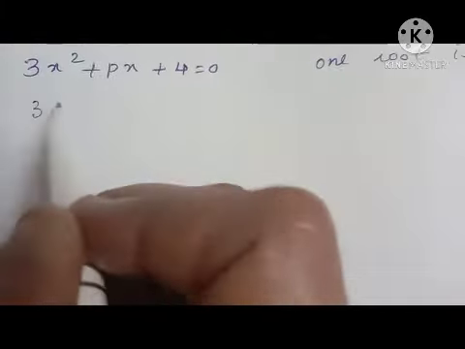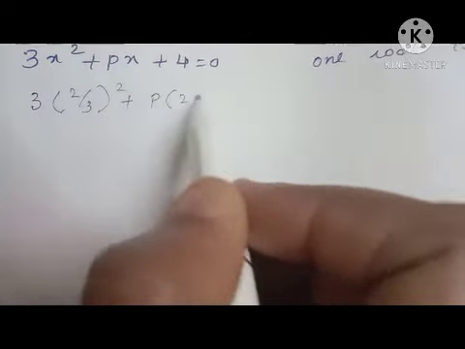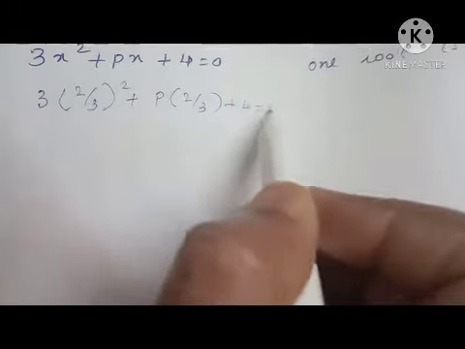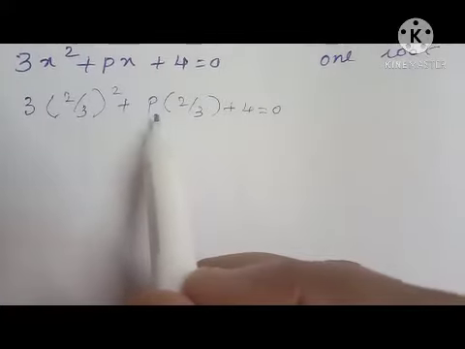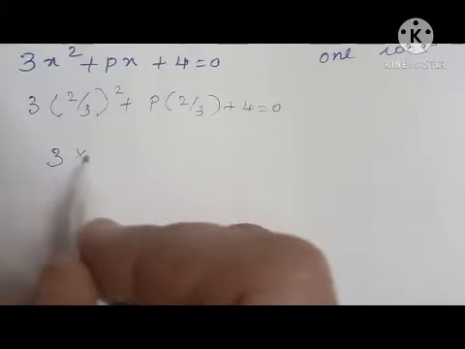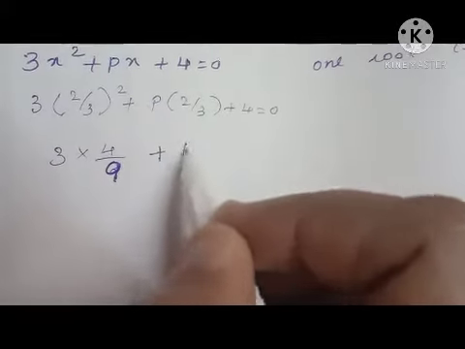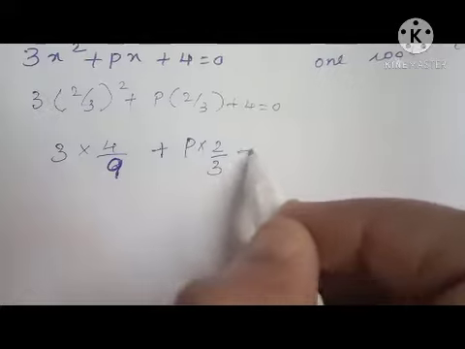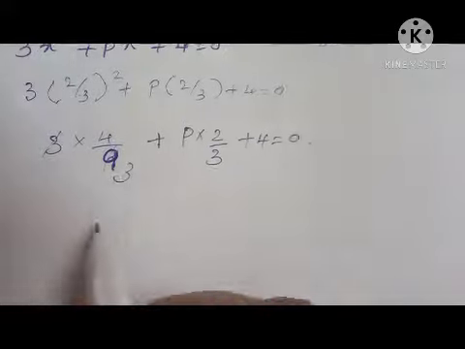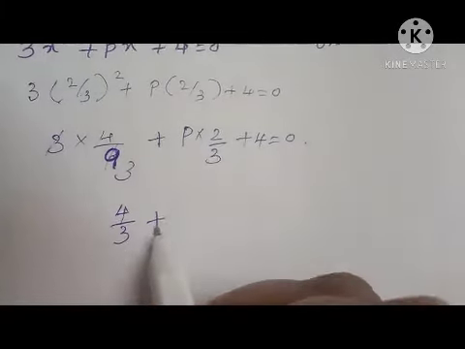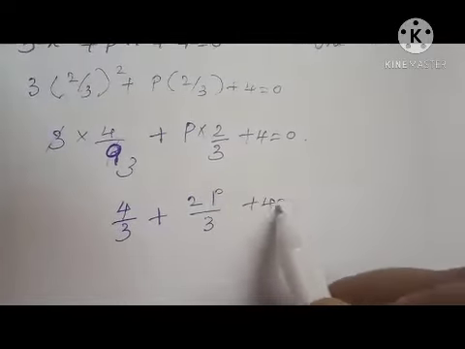So first we can substitute the value of x as 2 by 3 and find the value of p. Substitute one of the roots, 2 by 3, in the place of x and get the value of p, which is unknown. So 3 into 4 by 9 plus p into 2 by 3 plus 4 equals 0. Then we can cut these two, then get 4 by 3 plus 2p by 3 plus 4 equals 0.